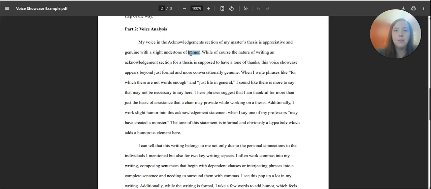So in this paragraph, I'm trying to make sure that I'm covering all of the ways in which I've described my voice, and I'm trying to give examples from that showcase piece to support the reason why I've said this is my voice. So the third thing I mention is that I sound a little humorous. I mentioned that one of my professors may have created a monster, and obviously that's a hyperbole.